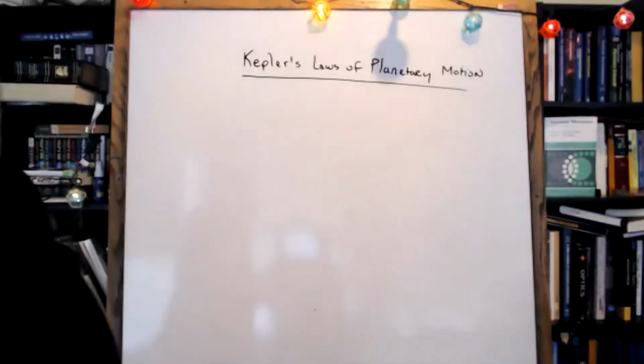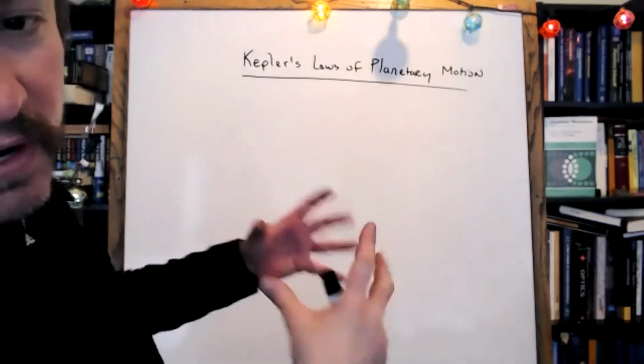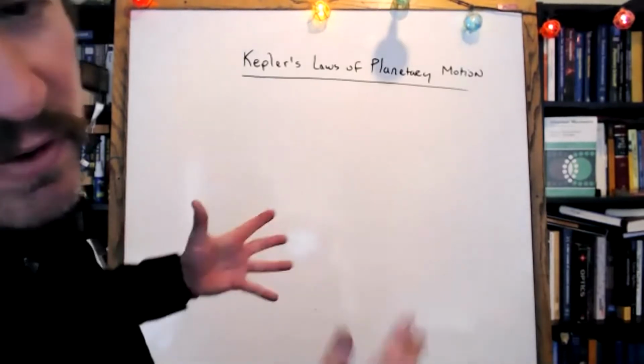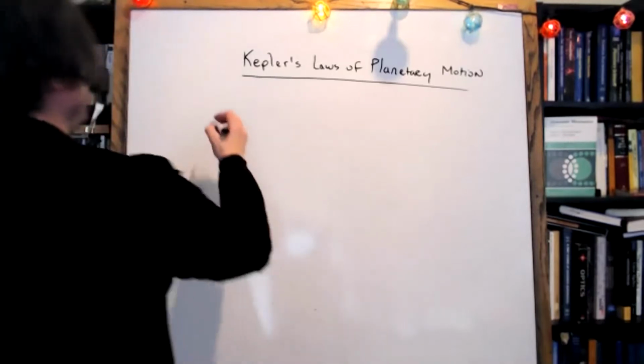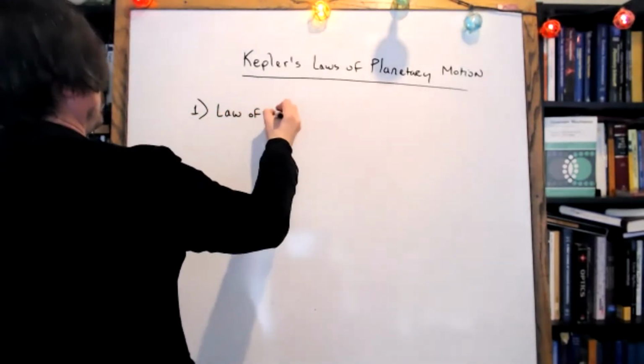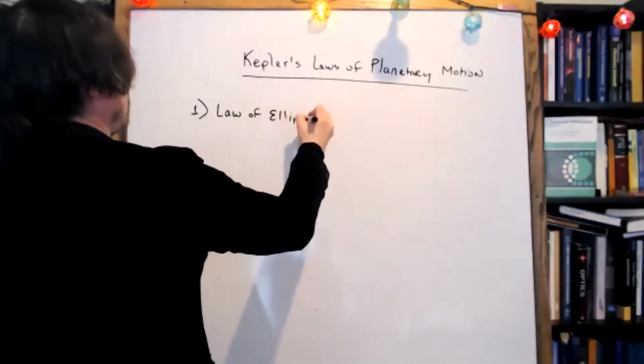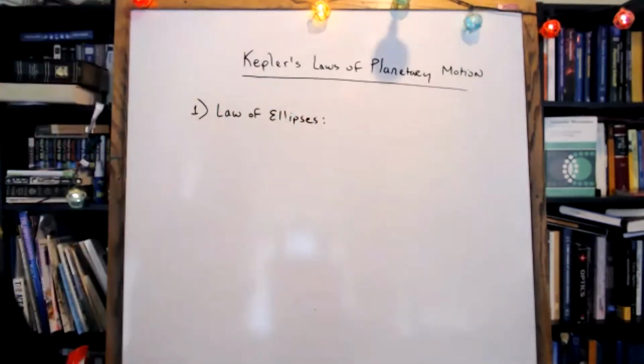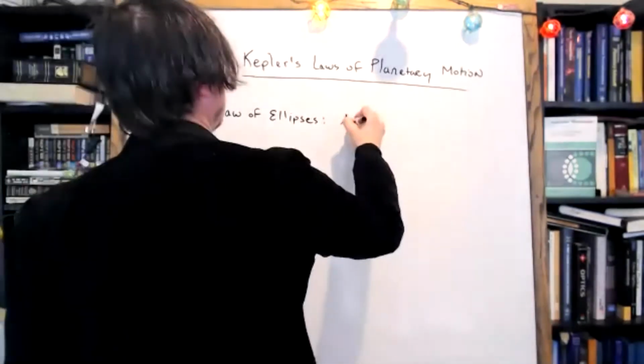Every astronomy student needs to learn Kepler's laws of planetary motion because they're one of the foundational bricks for learning about cool stuff in space. The first law is called the law of ellipses, and it goes a little something like this.